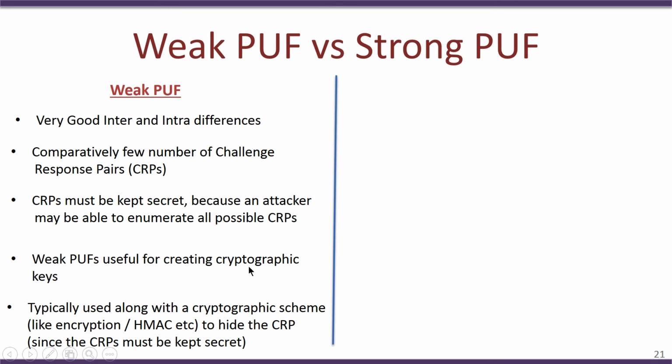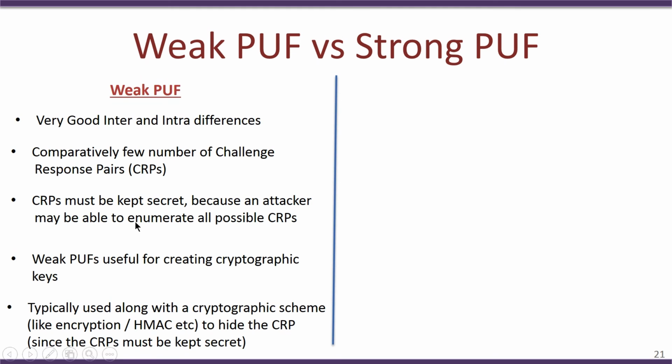First of all, it has been noticed that weak PUFs have very good inter and intra differences. There are comparatively few challenge response pairs as we have seen in the ring oscillator, and because of this reason the CRPs, or the challenge response pairs, have to be kept secret and cannot be exposed to the attacker, because the number of such CRPs is very small.